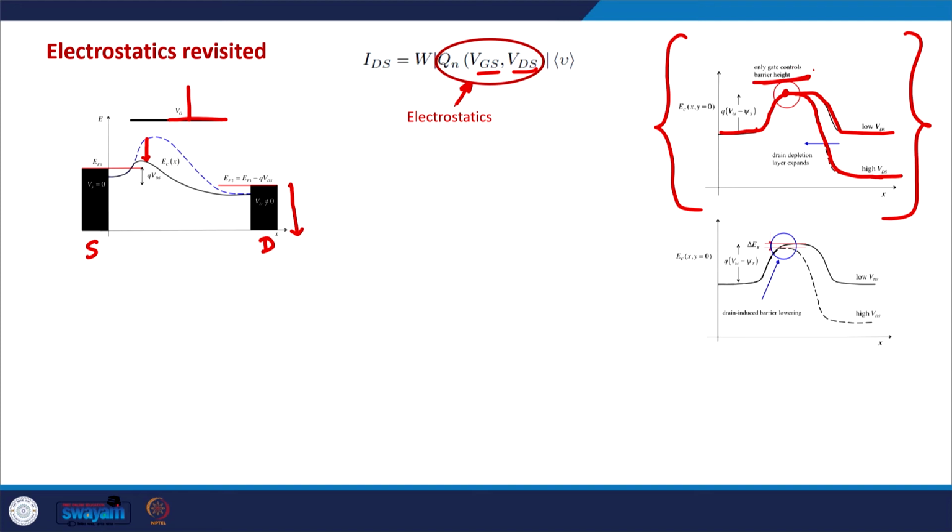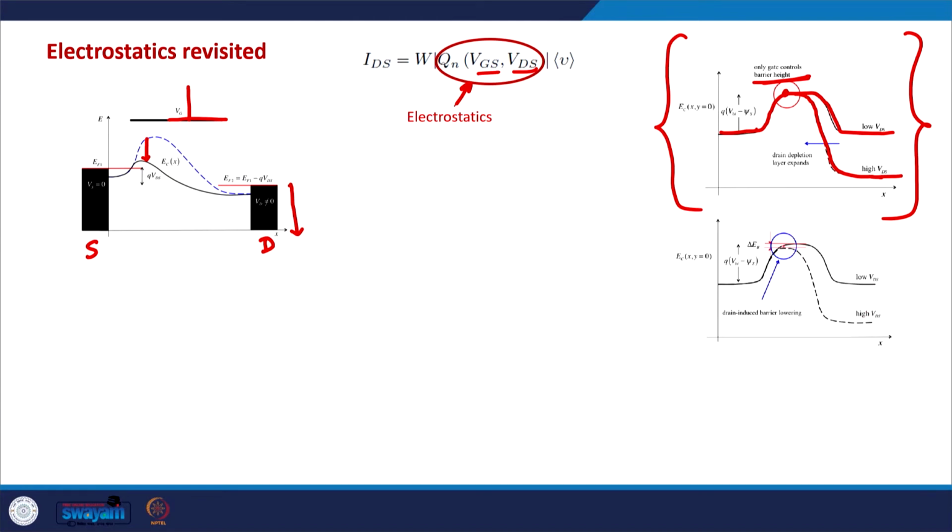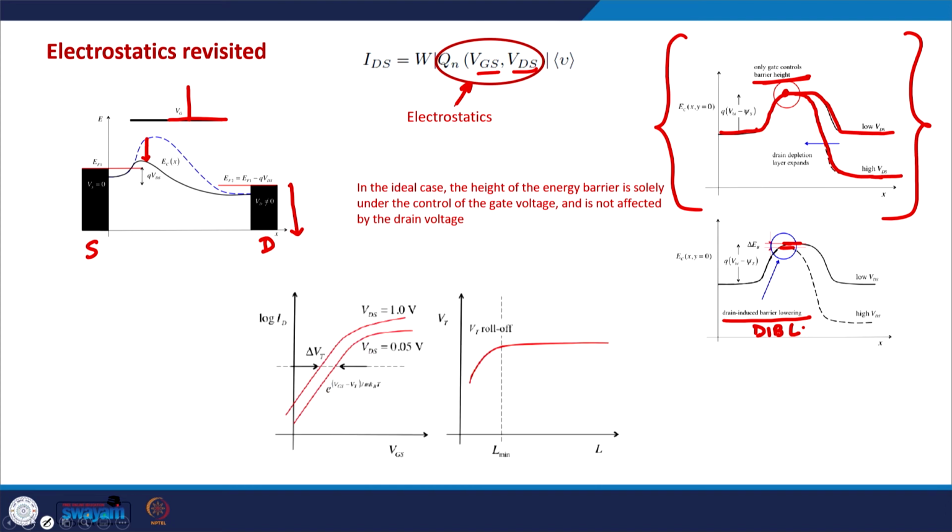But generally in smaller MOSFETs, in small channel MOSFETs, at high VDS, even the barrier height is lowered by some value, and this is known as the drain induced barrier lowering, which we have already seen, and this is best characterized by the subthreshold plot, which is the plot of log ID as a function of VGS for various VDS voltages.